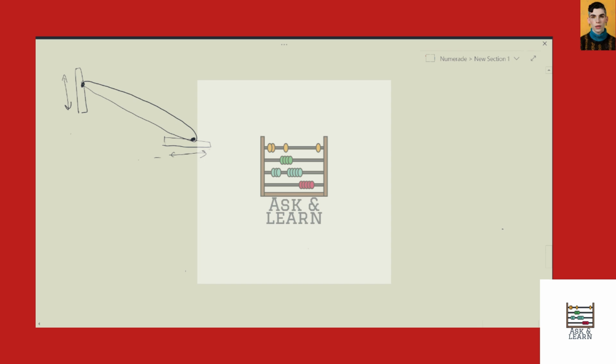This rail is not horizontal, it makes an angle of 15 degrees with the horizontal. Let's say you are pushing this end of the rod, let's call it B.